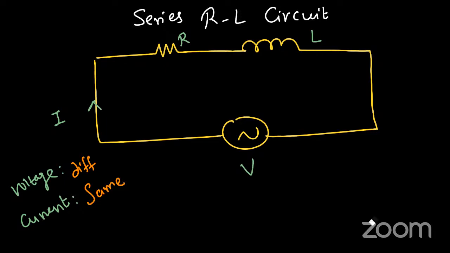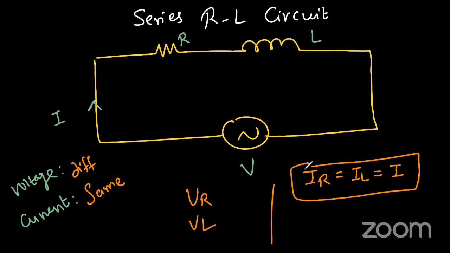So what can I write? Now we have two components. First one is the resistor. So VR and VL both are different. But IR and IL are equal to I. This is the same. Now, V is equal to VR, but this is an AC circuit, so we can't write it directly.